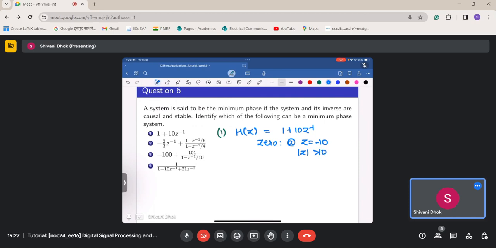Since we are having a zero outside the unit circle, this thing here is not a minimum phase system.